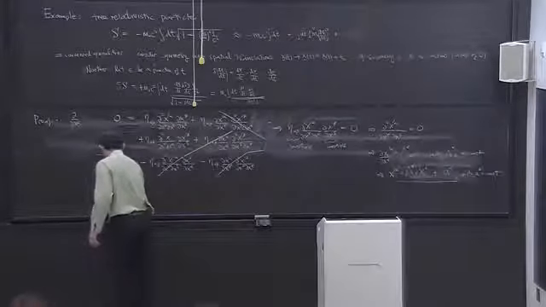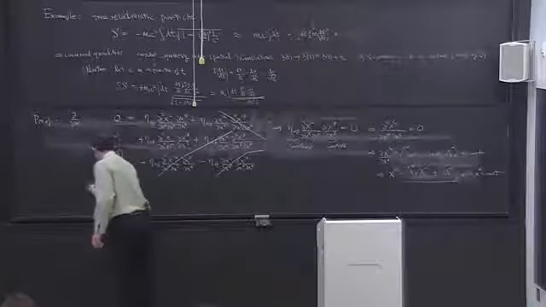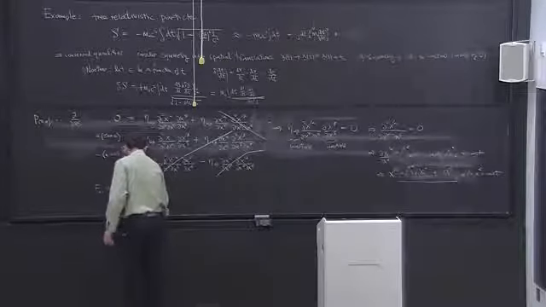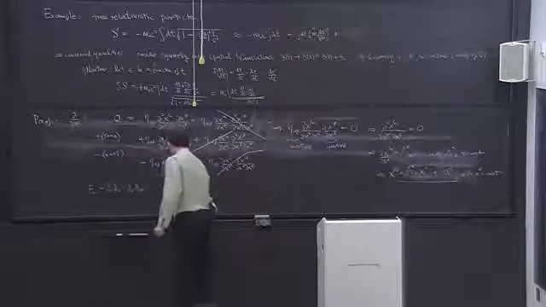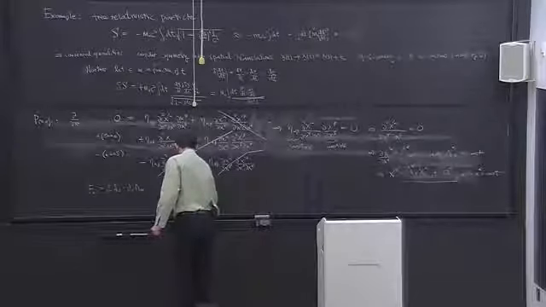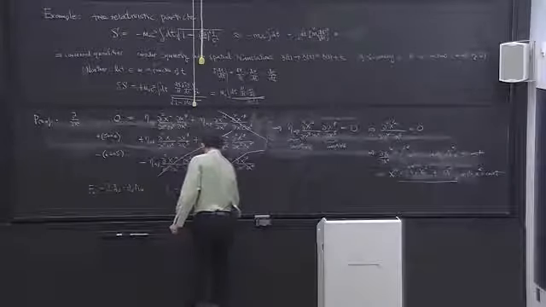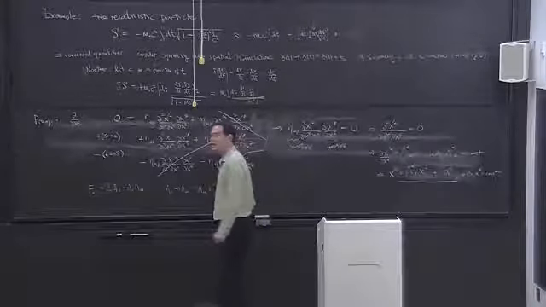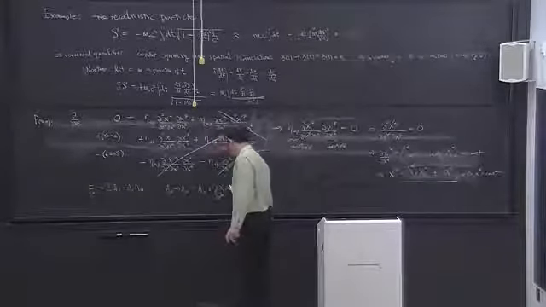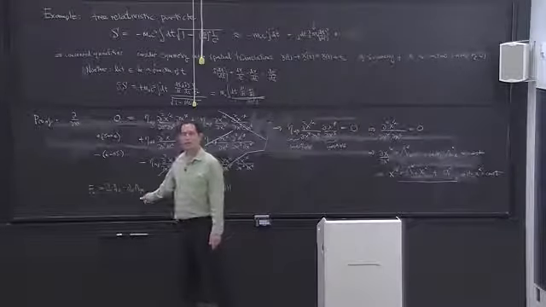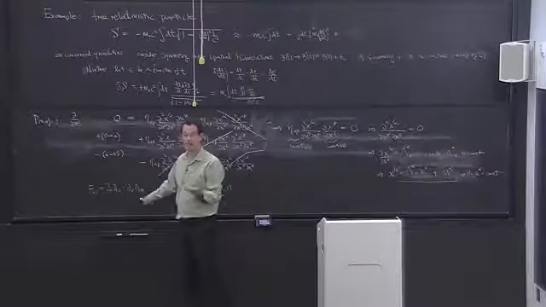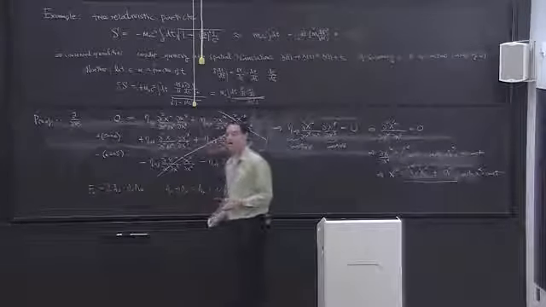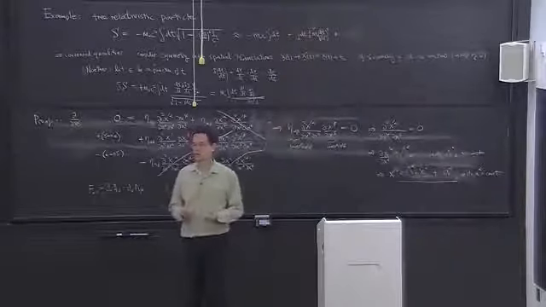Gauge symmetry is the statement that if I write the field strength, and if I replace A mu by A mu prime, which is A mu plus the gradient of any function, the field strength doesn't change. And as we've seen, the action doesn't change because the action only depends on the field strength. So this is a symmetry of the Maxwell action.